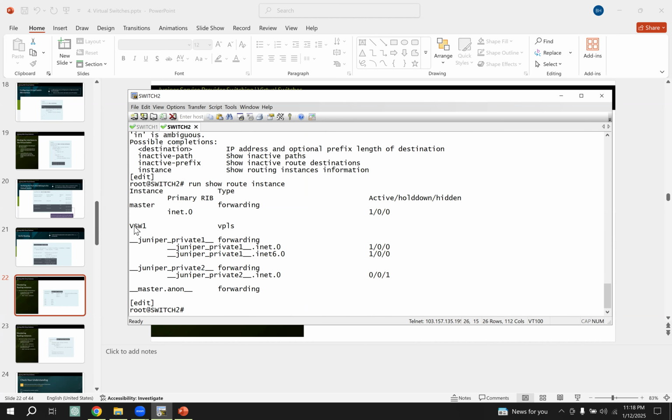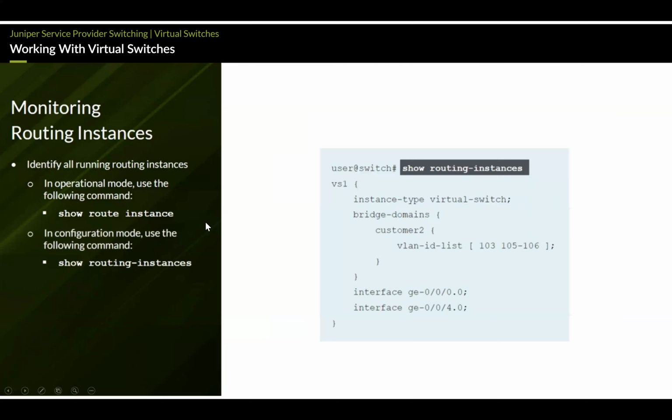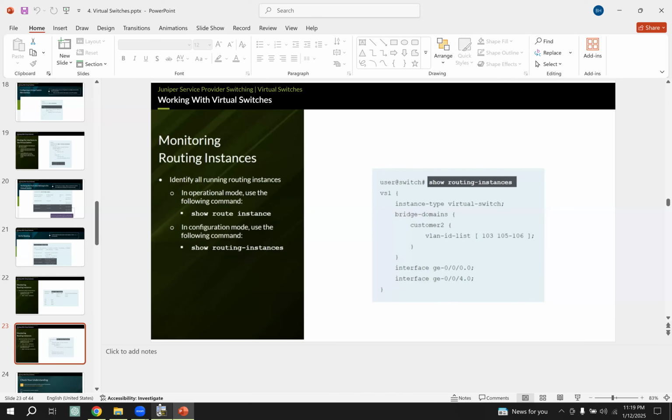Our route instance is vswitch1. Vswitch1, single route instance. Okay. Show routing instance. You can also use this command. This is just configuration verification.